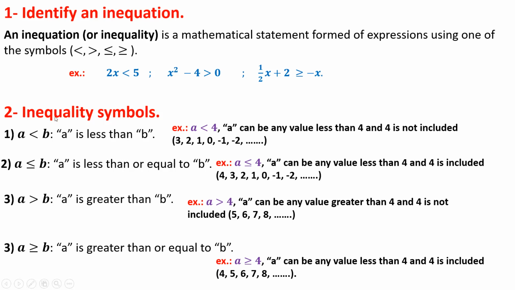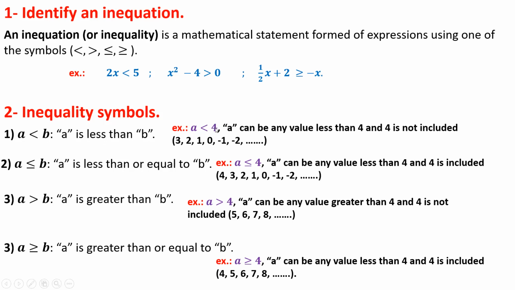Number 2, inequality symbols. 1, A less than B. So we read it A less than B. As an example, A less than 4. What does this mean? A can be any value less than 4, and 4 is not included between my values.